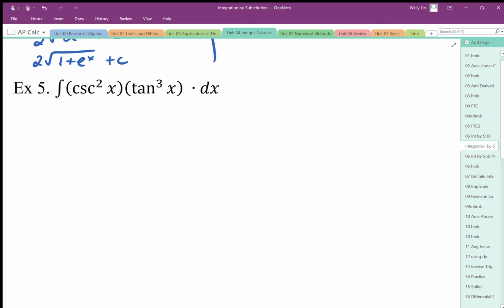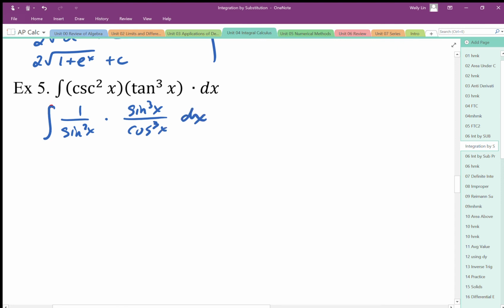Now we probably can rearrange some of this expression. If we think about any trig functions, they all can be expressed in terms of sine and cos. So if I rearrange this into sines and cosines, I end up with 1 over sine squared x times sine cubed x over cos cubed x dx.